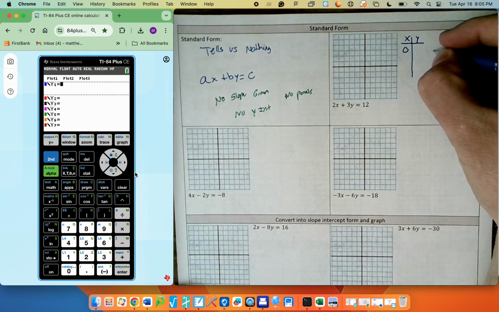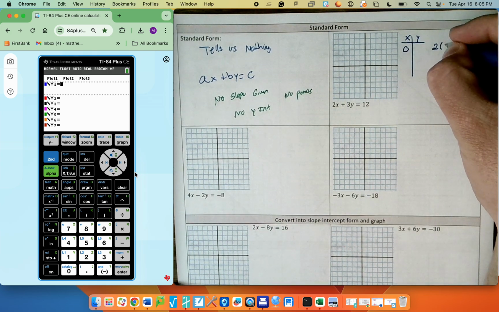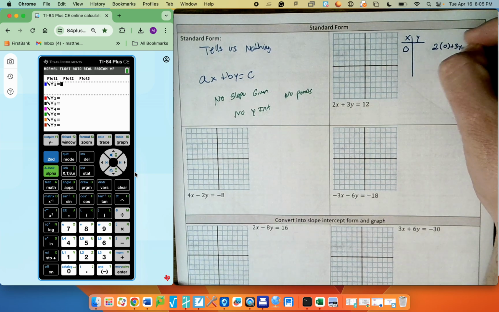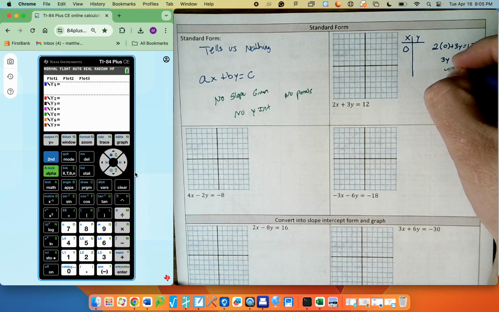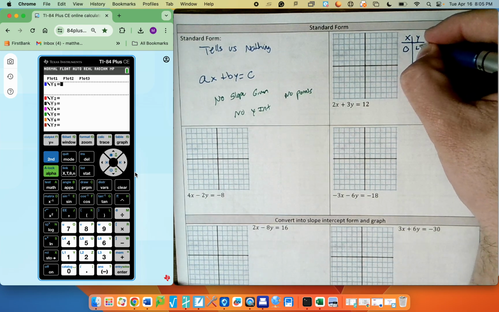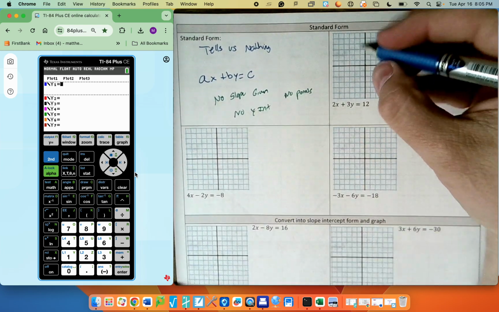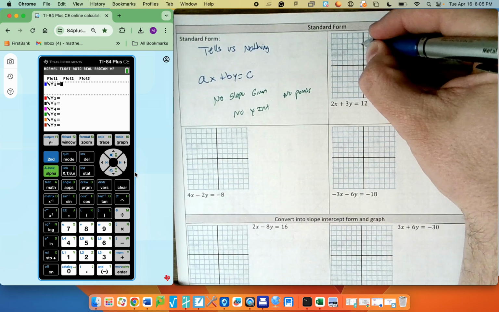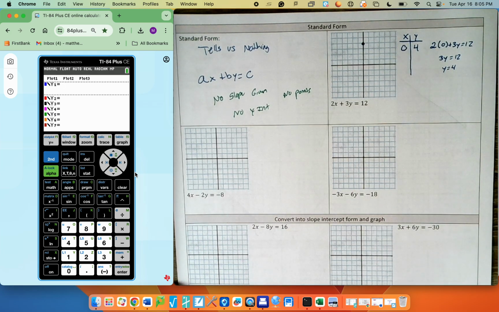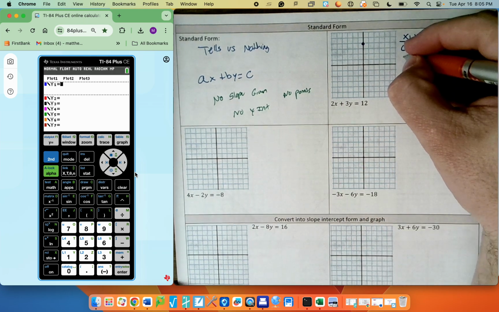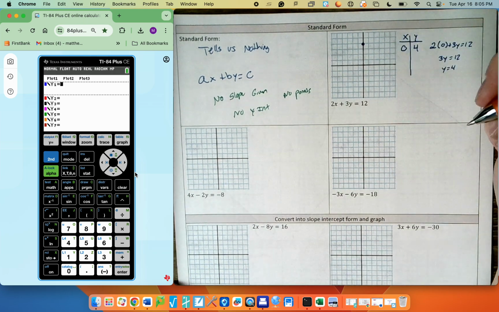Starting with the easiest one, 2 times 0 plus 3y equals 12. That's 3y equals 12, so y is 4. So that gave us our y-intercept. We could then plug in 1 if we wanted to.